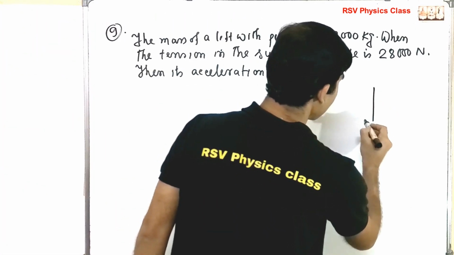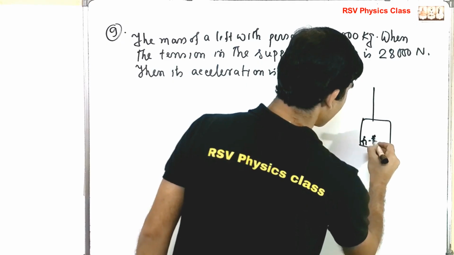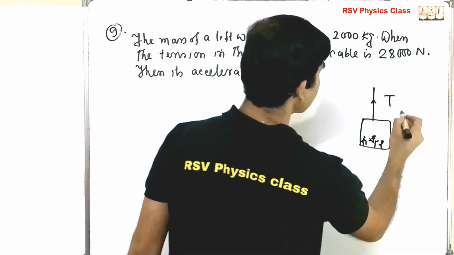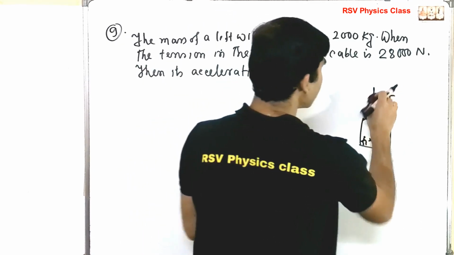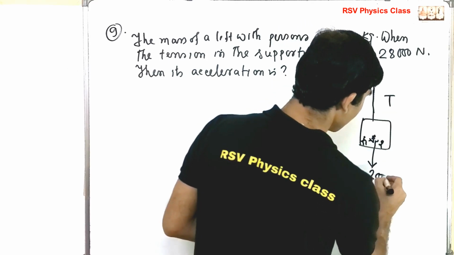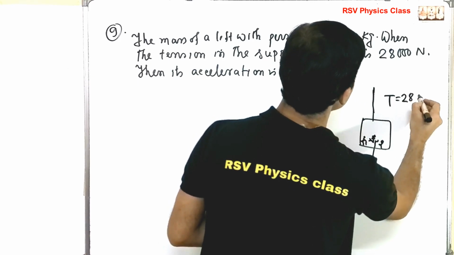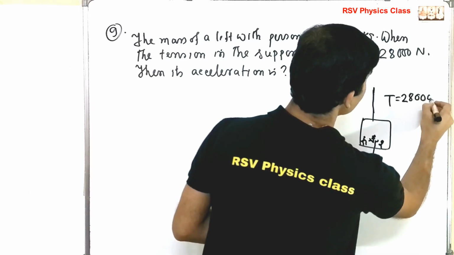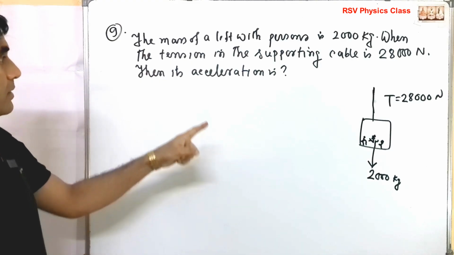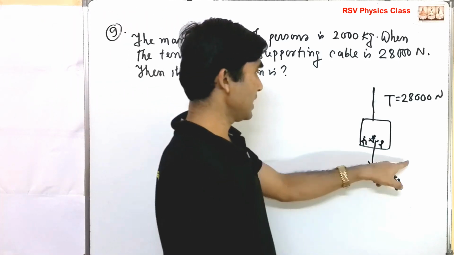So this is the lift where lots of persons are there. The tension T is 28,000 Newton, the mass is 2000 kg, and I don't know whether it is going up or down.